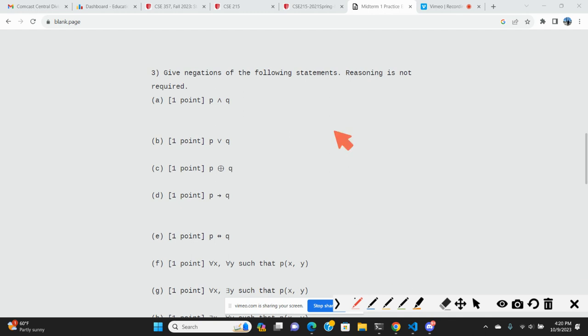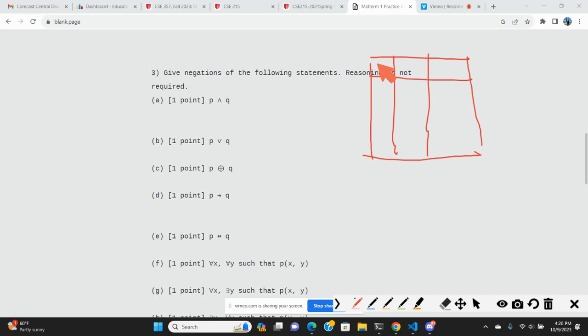So the biconditional truth table is as follows. The biconditional is true when P and Q are both true, or both false. So the biconditional is only true when both operands are equal.